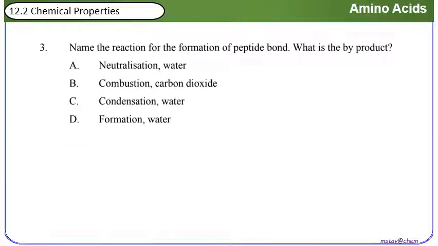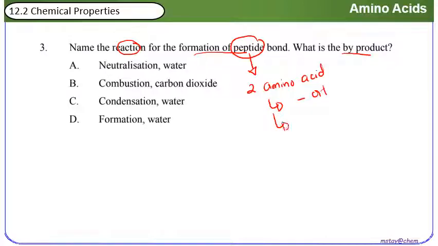Question 3, name the reaction for the formation of peptide bond and what is the byproduct. So as we know, for the amino acid, we may combine two amino acid into a peptide. One acid will remove the hydroxyl group and then another one will remove the proton only.